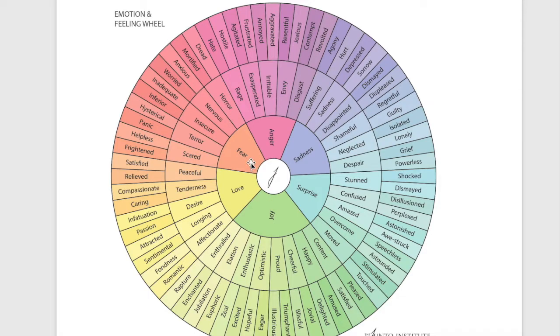It may be different for different people, but let's say it makes somebody feel anxious. So we look on this feeling wheel, and we find that this is the best way to describe how we're feeling with that particular thought.